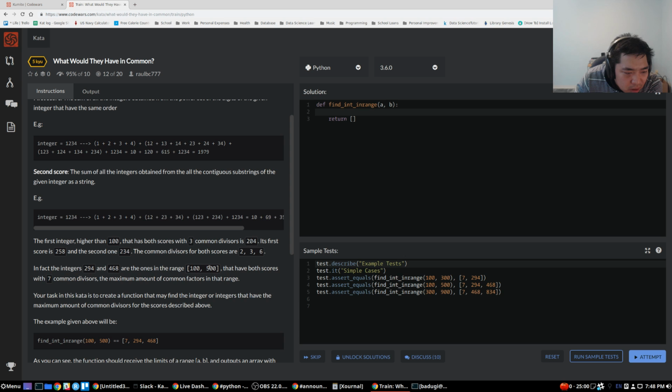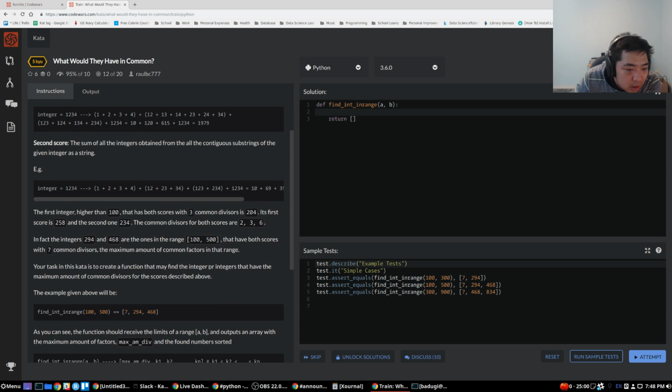What? You lost me in this part. I don't get it. Your task in this kata is to create a function that may find that have the maximum amount of common divisors for the scores described above. What?